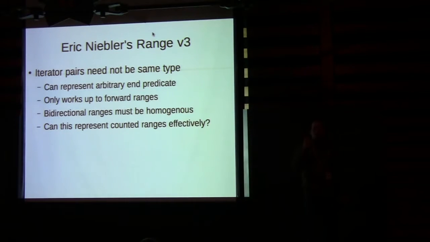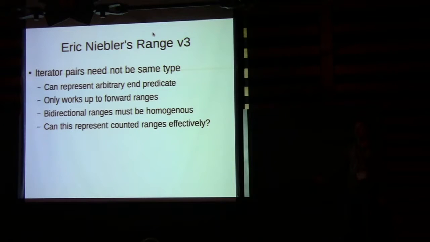You're not limited to just saying, that's an end sentinel, so I'm going to ask that iterator whether it's done. I can actually represent an arbitrary predicate with that. I can create an iterator sentinel that I compare to any other iterator type, and when I compare it, it says, give me the value at that iterator and check it against the predicate.